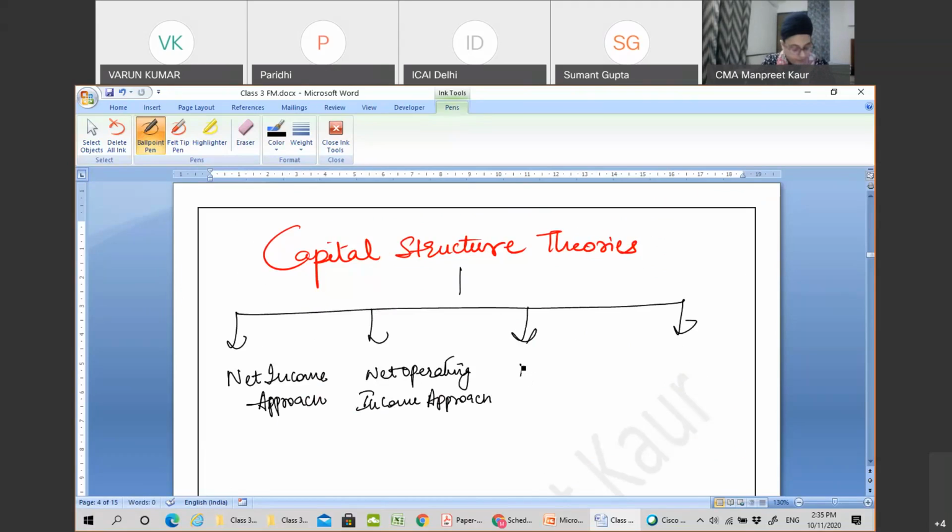Next is Modigliani-Miller approach. And last is the traditional approach. Capital structure theories, there are 4 types: net income approach, net operating income approach, Modigliani-Miller approach, and traditional approach.